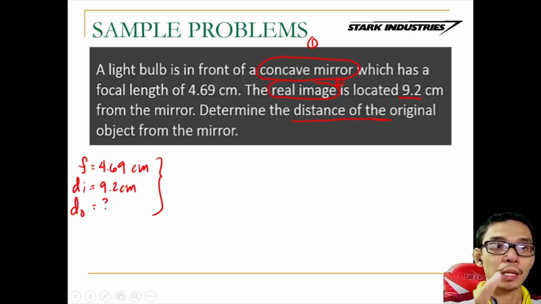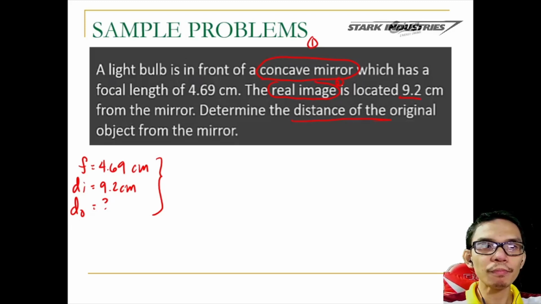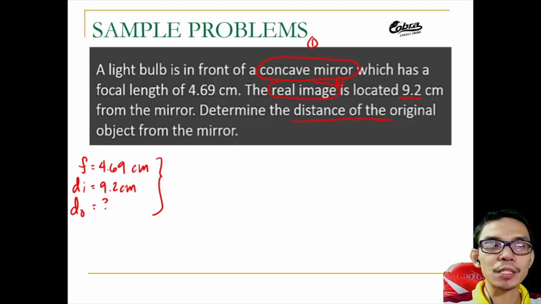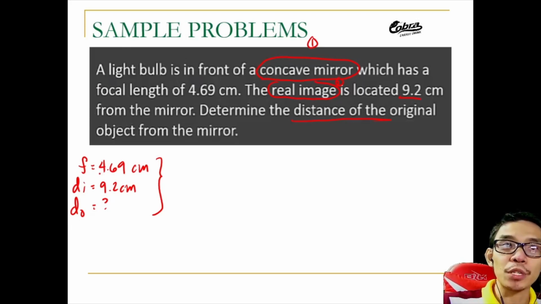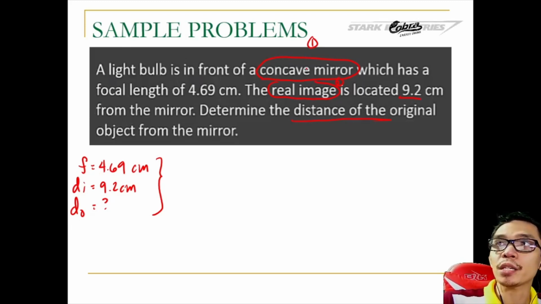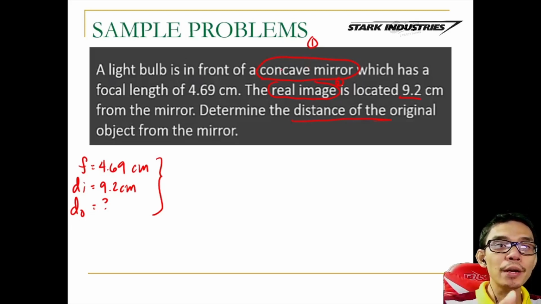Remember that positive distance of the image means real image. How about the focal length? The focal length is positive, which is also correct because it is a concave mirror. Remember, concave mirrors are positive, convex mirrors are negative.